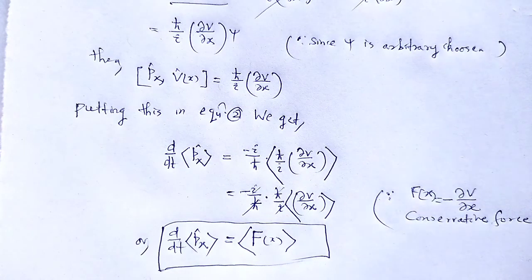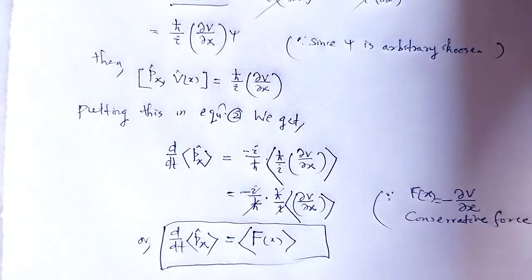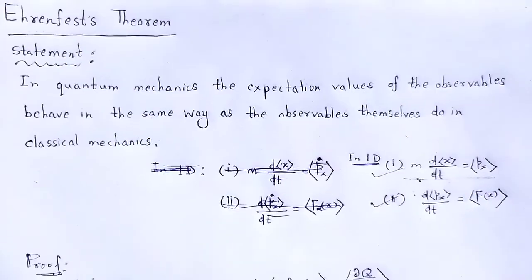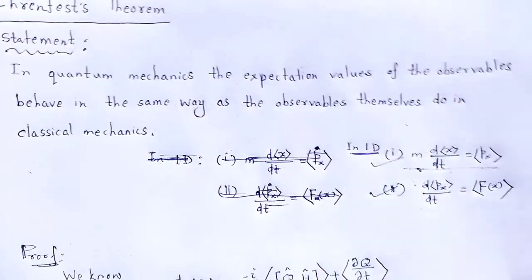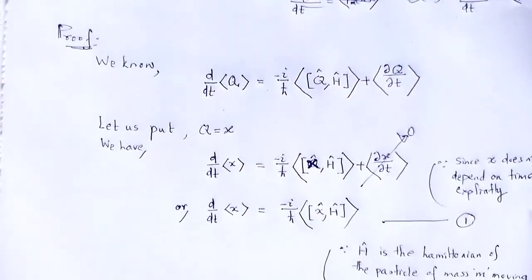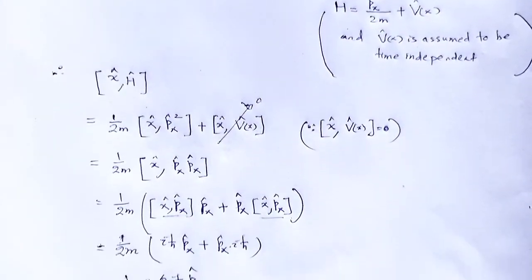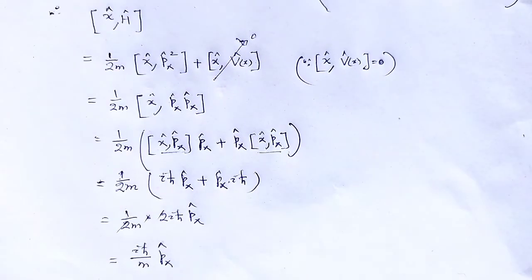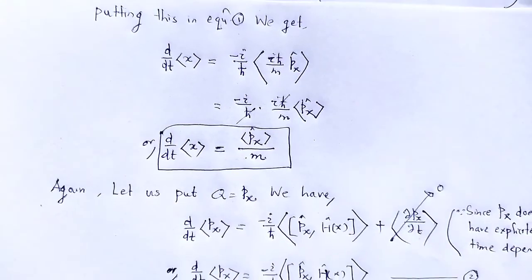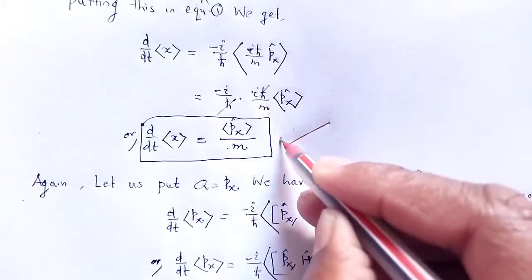Now, combining these two, we get Ehrenfest's theorem and its proof by using Heisenberg's equation of motion. The first equation is proved.